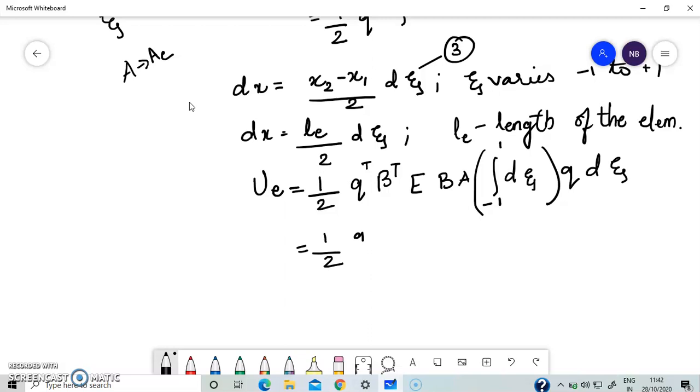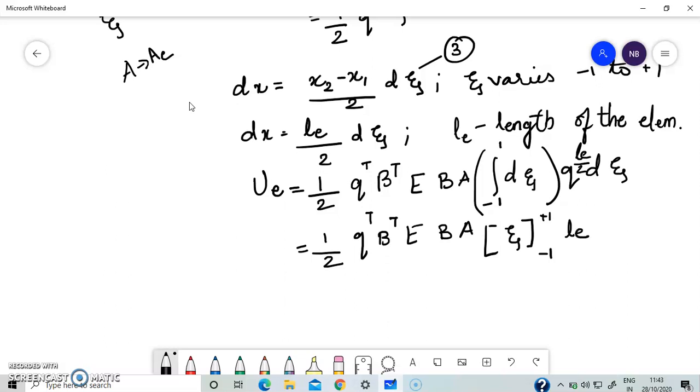So we have half q transpose B transpose Young's modulus into B matrix into A, integral of d zeta, which is zeta. dx will actually turn to L_e by 2, so this has to have a term L_e by 2 here.